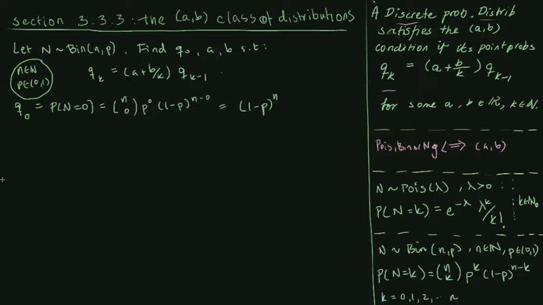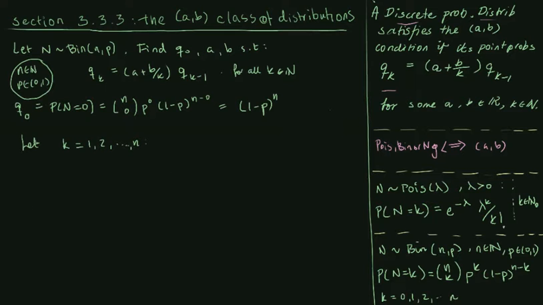So find q0, a, and b such that this recurrence holds. We want this to hold for all k in the natural numbers. Let us first let k be some number smaller than n, and then we will show that this recurrence holds using the definition.